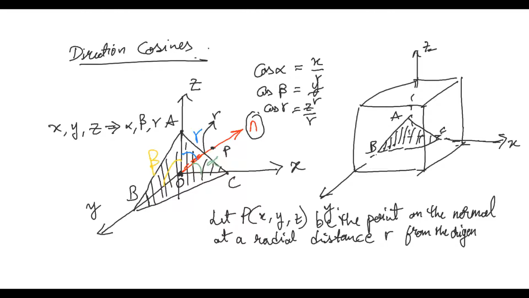Then cos beta equals y by r, and cos gamma equals z by r. So all the three axes are having some inclination, and if you find out cos alpha, cos beta, and cos gamma, you're going to get x by r, y by r, and z by r.